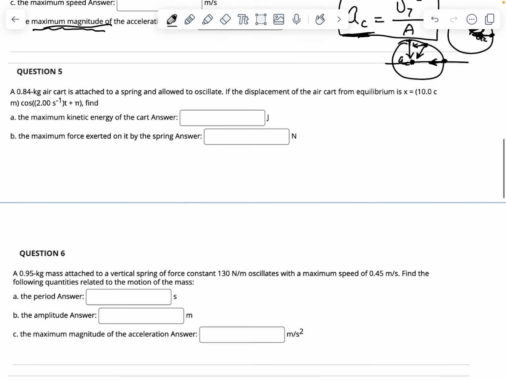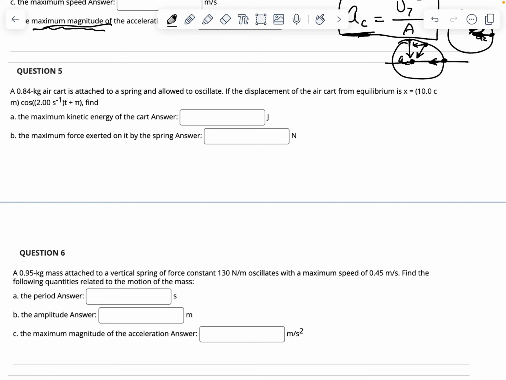All right, number 5. A 0.84 kg air cart, so mass equals 0.84 kg, is attached to a spring and allowed to oscillate.